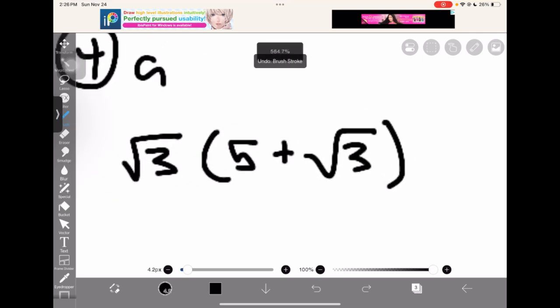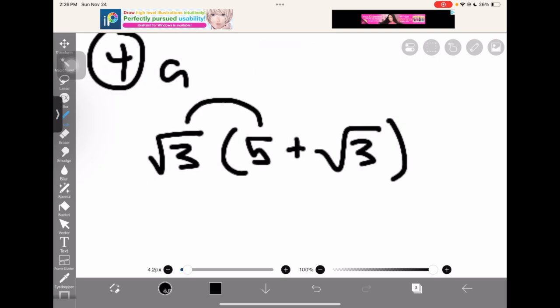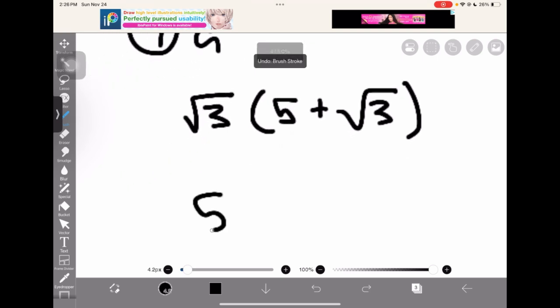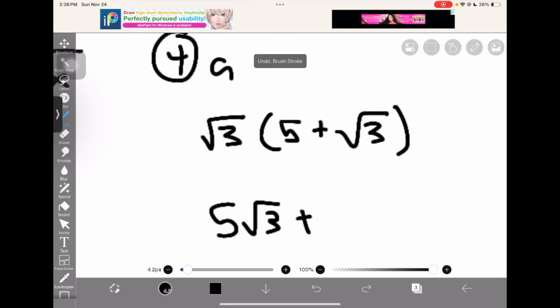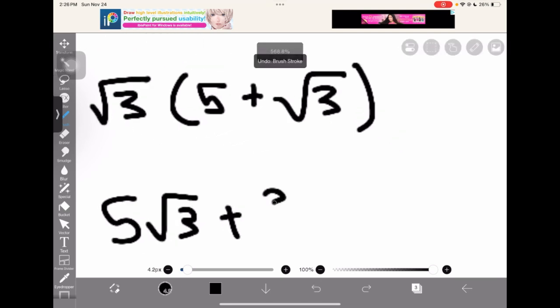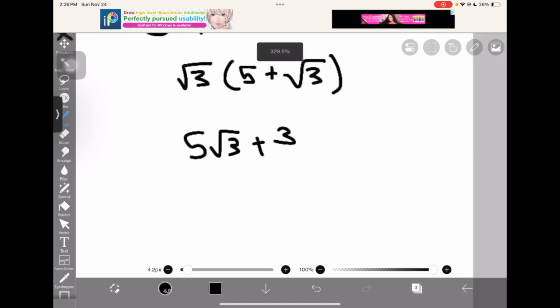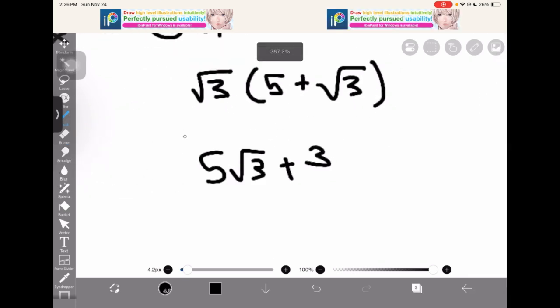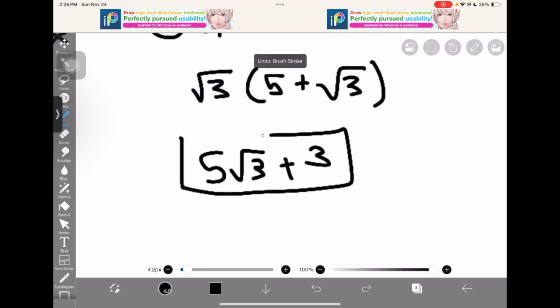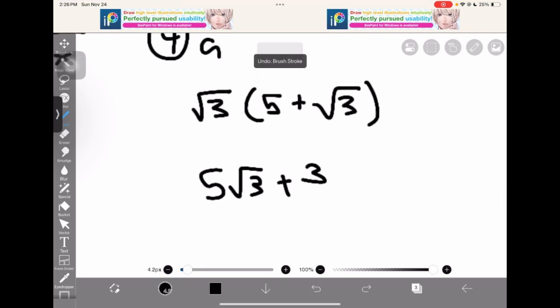So let's see what we get. 5 times square root of 3 is just 5 square root of 3, plus 3. Let me just check if there's something we can do. Not really. So this is already the final answer, because we just multiply these two. 5 square root of 3, then 3 times square root of 3 times square root of 3 is 3.